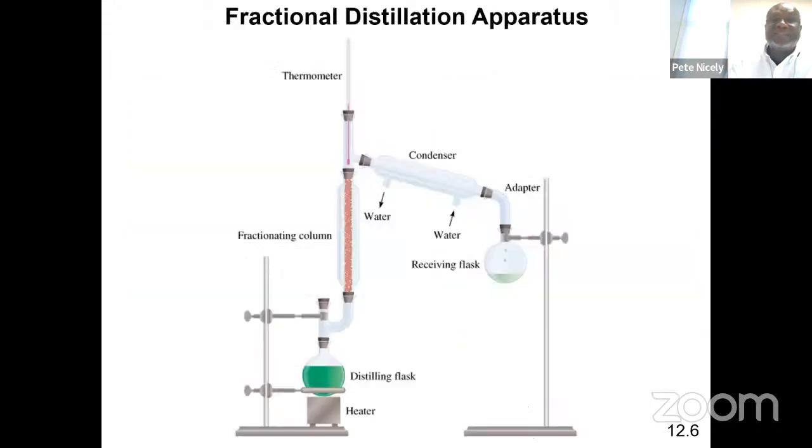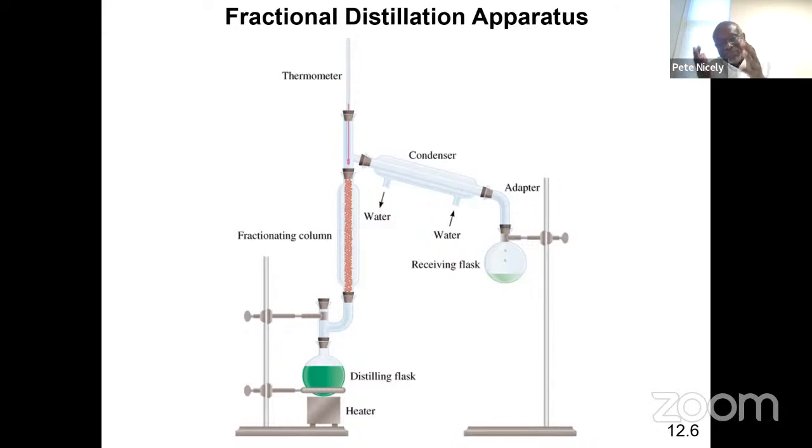Okay, so I'm just going to talk about this briefly. What you're looking at on the screen here is basically a diagram showing you the setup for fractional distillation. Distillation, generally speaking, is basically a way of separating two liquids by exploiting their differences in their boiling points.